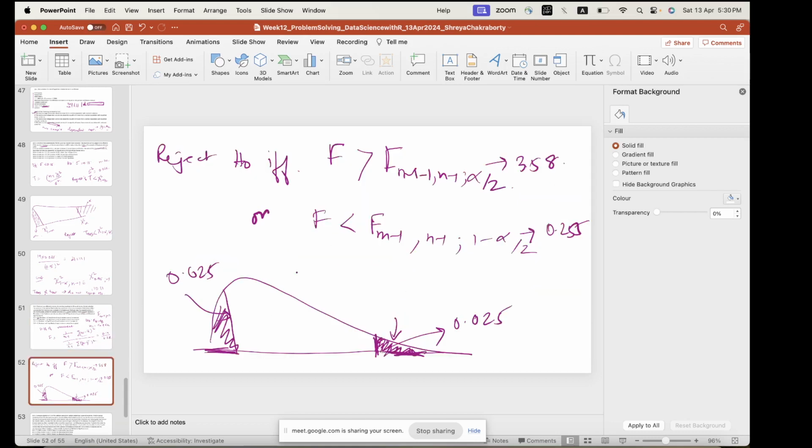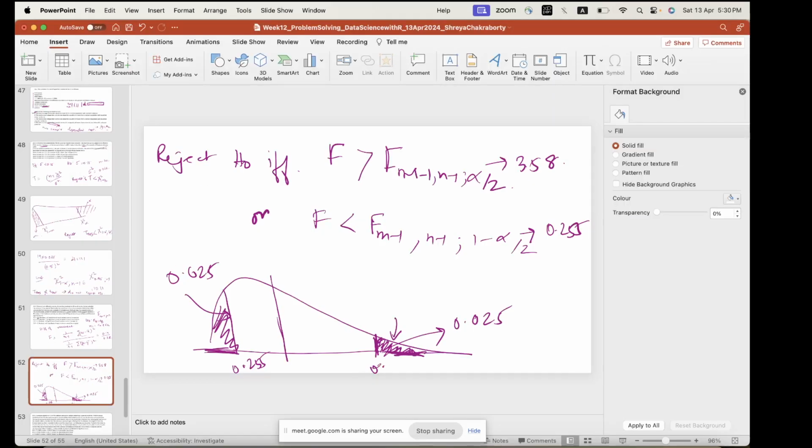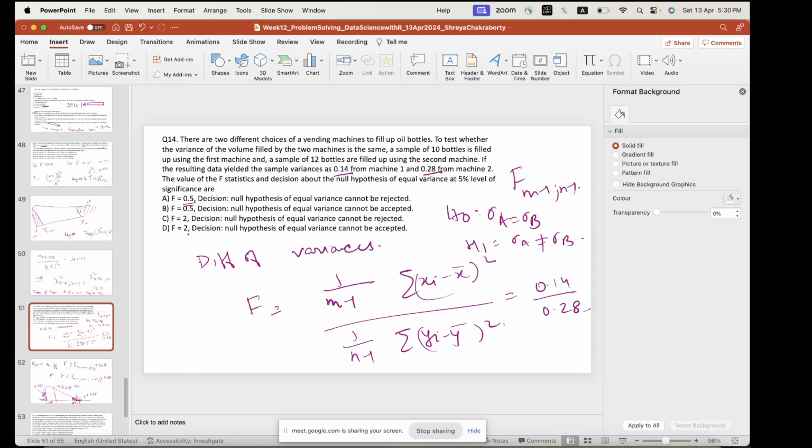It is not below 0.255. It is lying somewhere here. This is 0.255 and this is 3.58, and ours is lying in between. Thus we are going to accept H naught. And this is our answer: the null hypothesis of equal variance cannot be rejected.